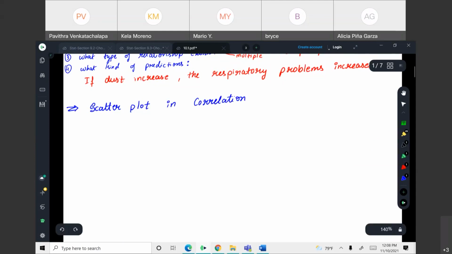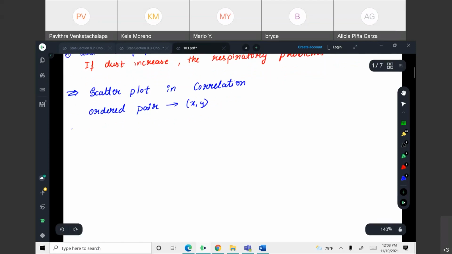Okay. Now in scatter plot, we have a term called ordered pair. This is not a new one. What is an ordered pair? If you write x comma y inside a bracket, we call that an ordered pair. For example, let's say I have x and y values, 1, 2, 3, 4 for x and 1, 4, 9, 16 for y.